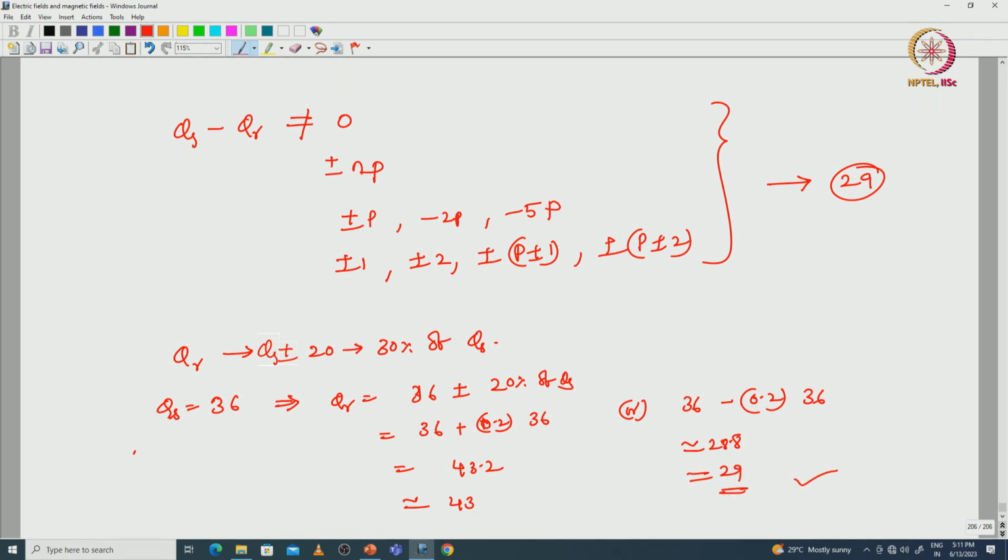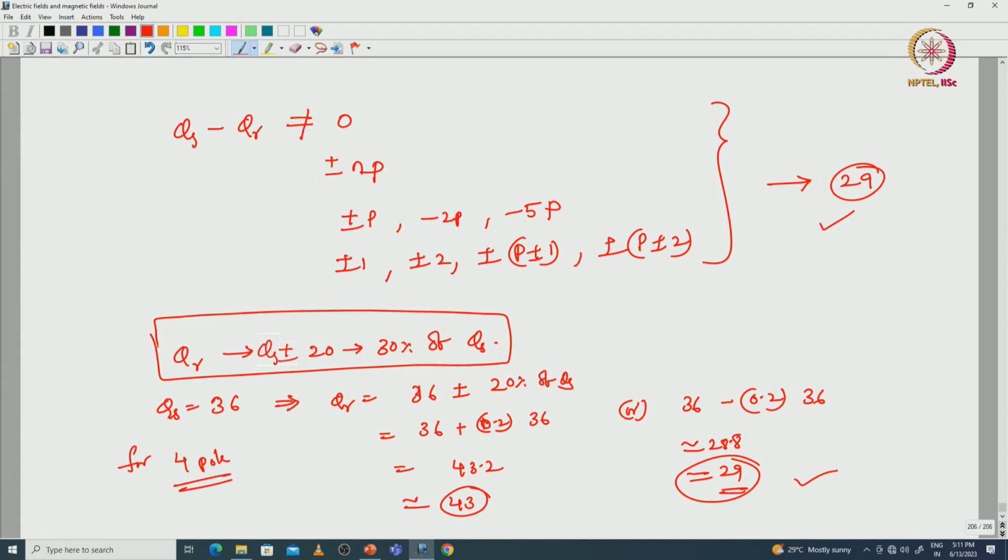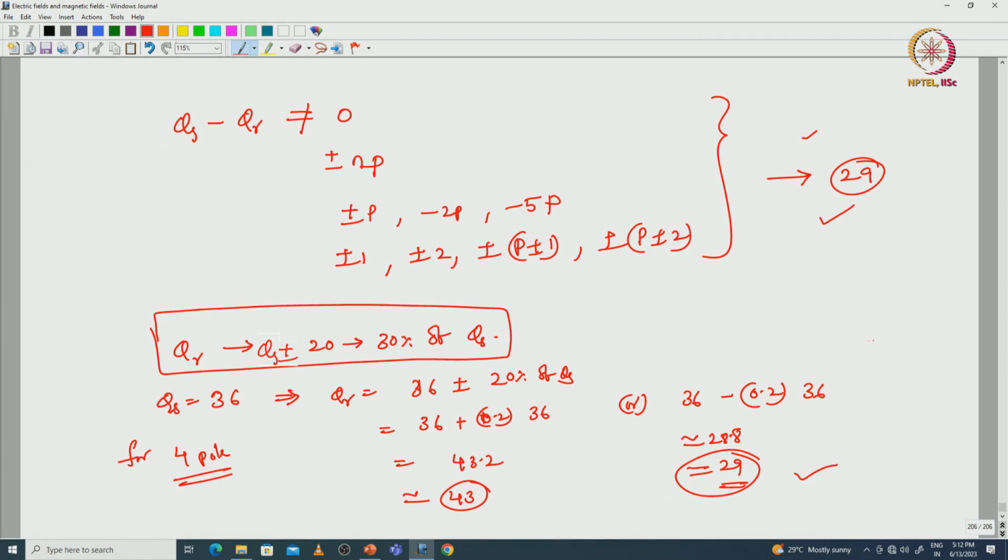Okay. For a 4 pole machine, if we assume that, whatever the number of rotor slots we get here should match equation number 29. In most cases, if we follow this expression, all these conditions will be matched with respect to equation number 29. Based on this equation, we select the rotor number of slots.